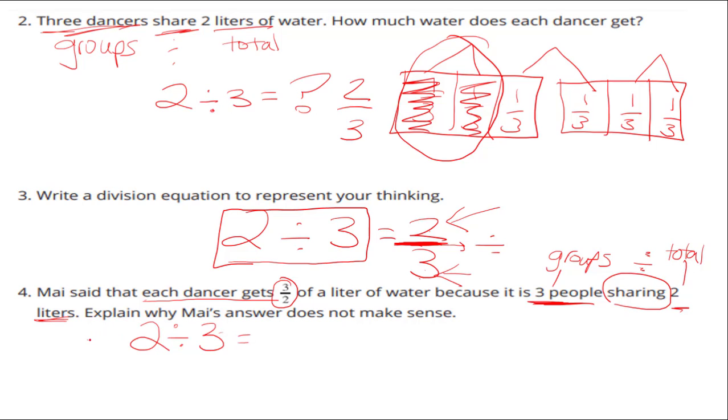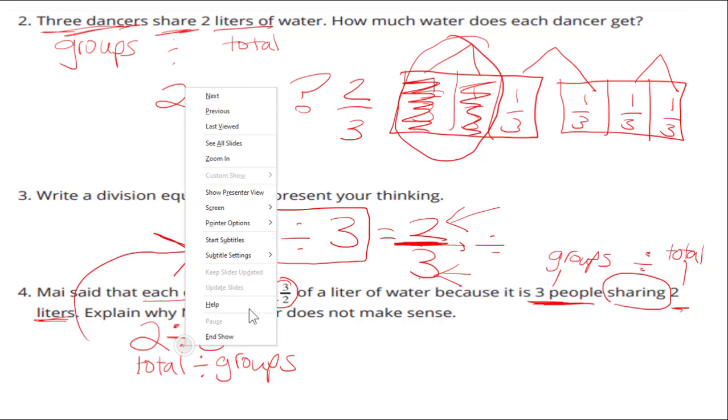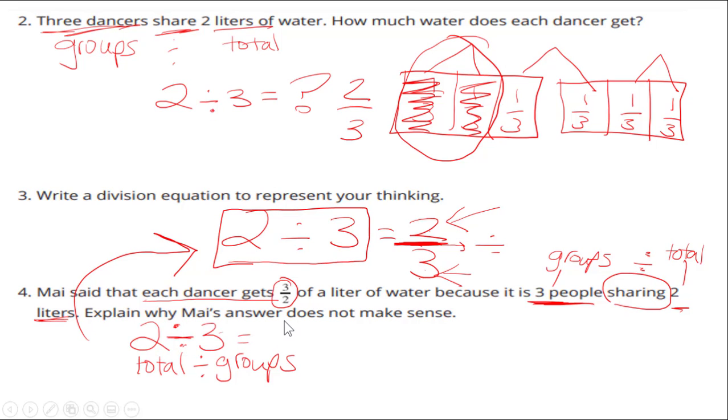So it is the same as number 3. Total divided by my groups. So remember how you write this as a division problem. When we switch it into a fraction, it should be 2 divided by 3.